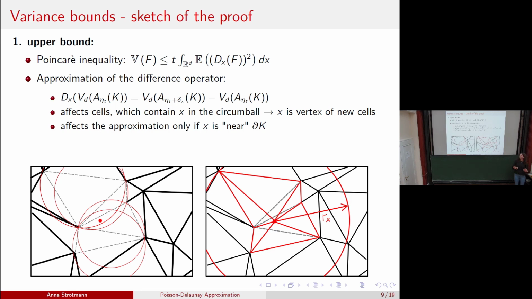And all this then leads to the following upper bound for the first difference operator, and thereby kappa_d times r_x to the power d is the volume of the d-dimensional ball with radius r_x.